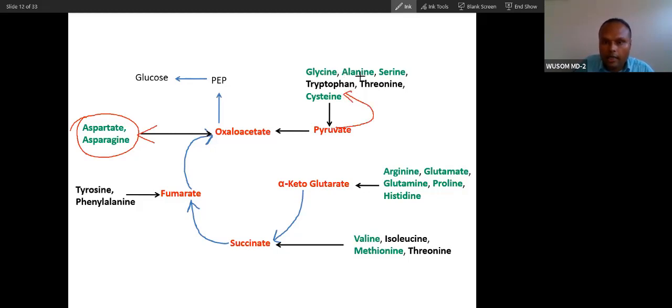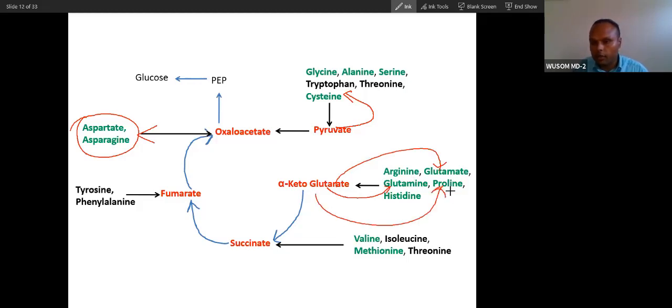What are the non-essential ones? Glycine and alanine are provided from pyruvate. Cysteine is also provided from pyruvate, though the reaction mechanism is different. Glutamate and glutamine are provided from this, and proline is also synthesized from this.